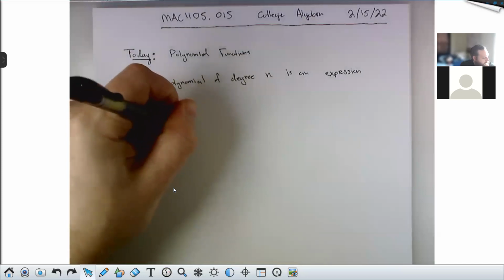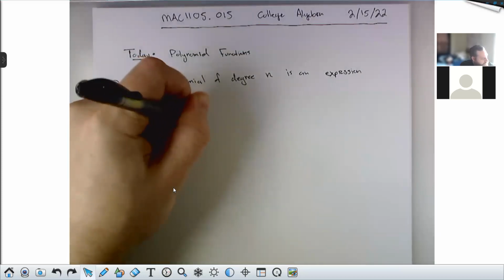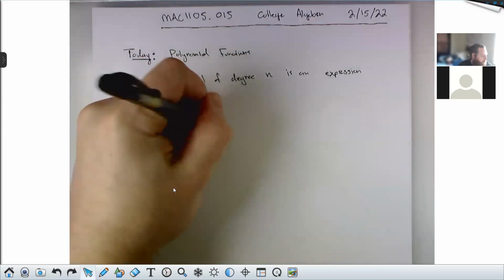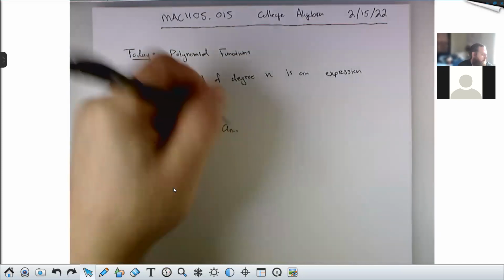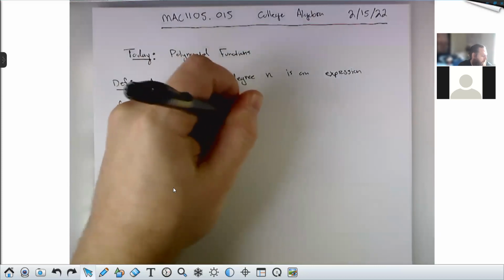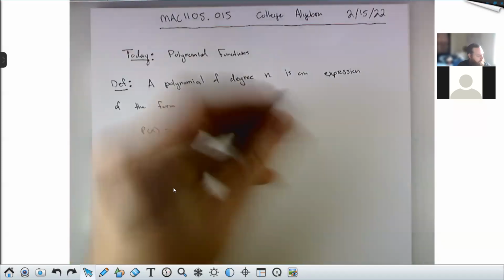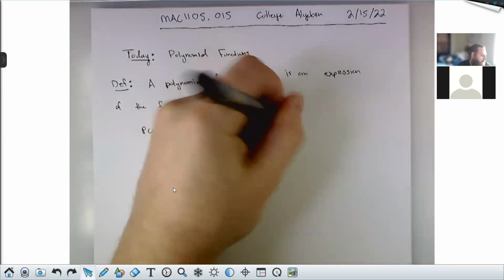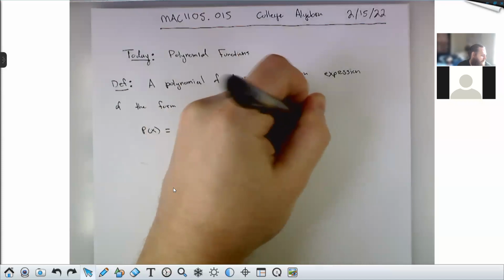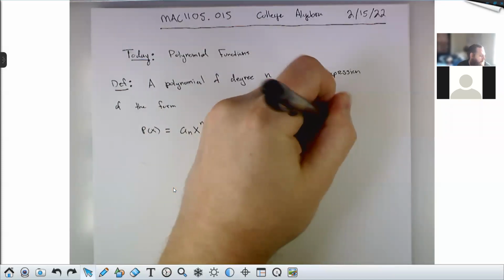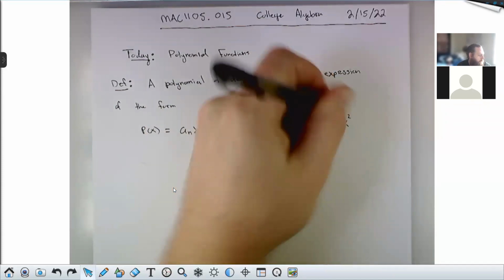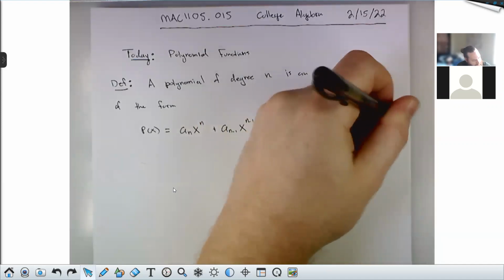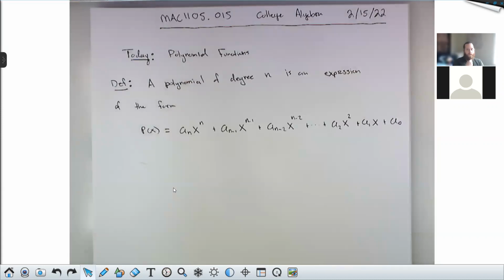So this is going to be a_n times x to the n, and a_n here is a constant, plus a_(n-1) x to the n minus 1, plus a_(n-2) x to the n minus 2, plus, let me go all the way down to a_2 x squared plus a_1 times x plus a_0.